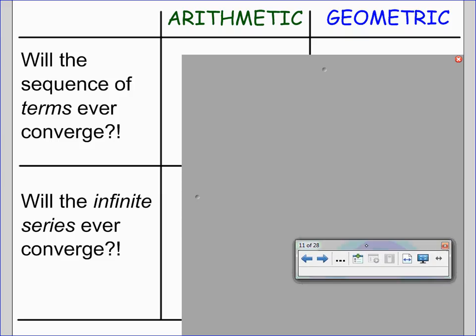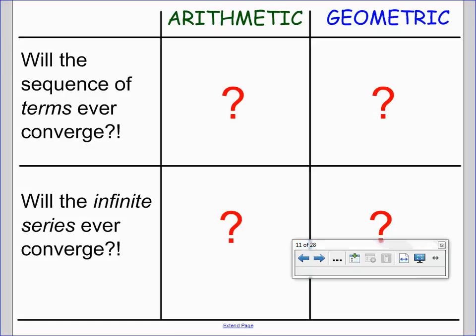All right, so a big question surrounding our discussion is going to be, will the sequence of terms ever converge? And if so, will the infinite series, that is the sum of the terms in said sequence, converge? That's what we're going to investigate next. If it's an arithmetic sequence, will the terms ever converge? Is there a particular value that the term values are approaching?